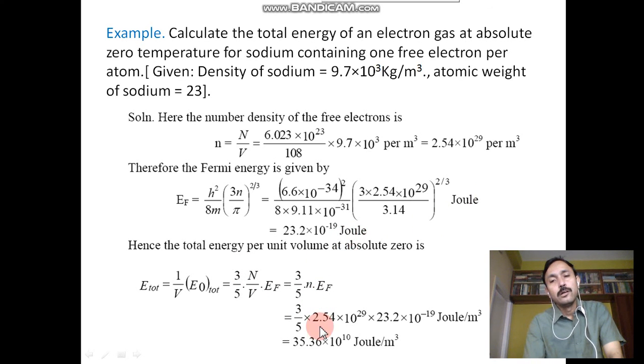We know the value of EF, so you have to put this EF value here, 23.2 × 10^-19, and the value of n is 2.54 × 10^29. Calculating this becomes 35.36 × 10^10 joule per meter cube. So the total energy per unit volume at absolute zero for sodium containing one free electron per atom is 35.36 × 10^10 joule per meter cube.